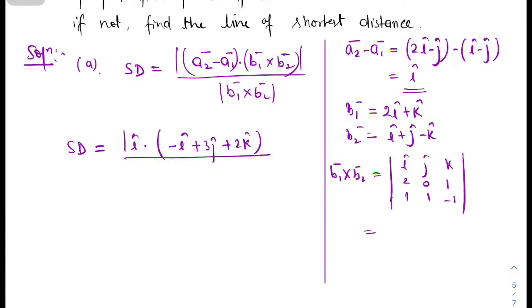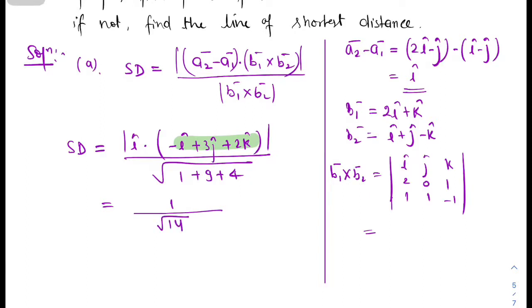Then a2 minus a1 is i cap, so the dot product with b1 cross b2 is minus i cap, and so on. Again absolute value, divided by the magnitude of b1 cross b2. Its magnitude will be the root of 1 plus 9 plus 4. Okay, so the numerator comes out to be 1, divided by root 14.